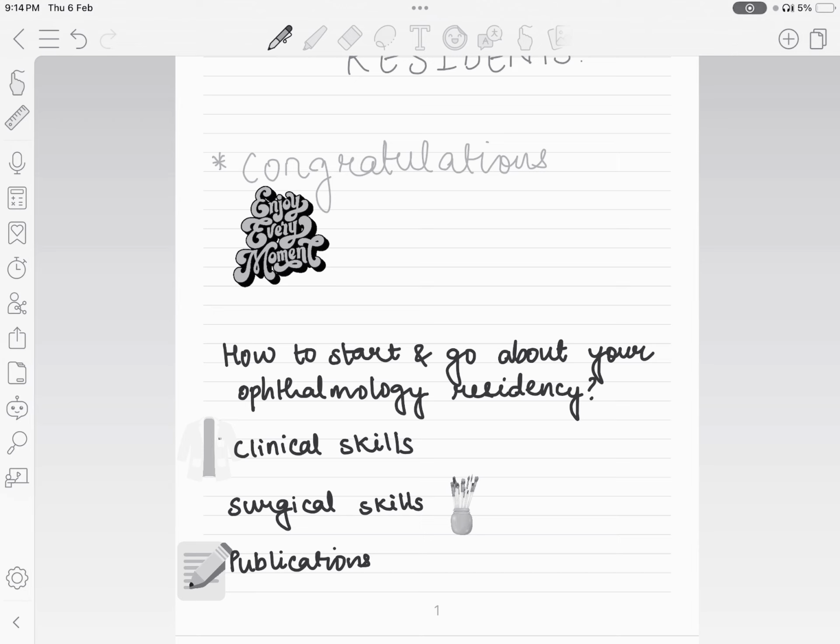How you can improve. Watch a few YouTube videos and read through books if there is any extra information or knowledge that will help you push yourself through to get better at your surgical skills. And even publications, talk to people.